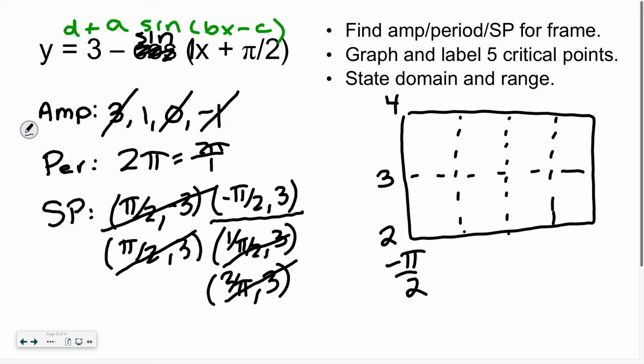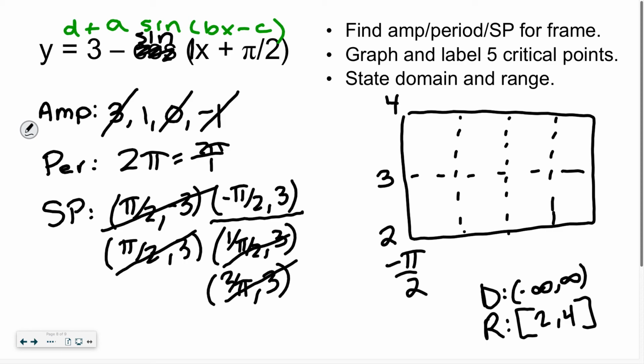Which now I can answer range, right? Domain is going to be all real numbers, negative infinity to infinity. And even without the picture, I know that the range is going to be 2 to 4. It won't be negative 1 to 1 just because the amplitude is 1, because I had a vertical shift up 3. Okay, so the low point is 2 and the high point is 4.